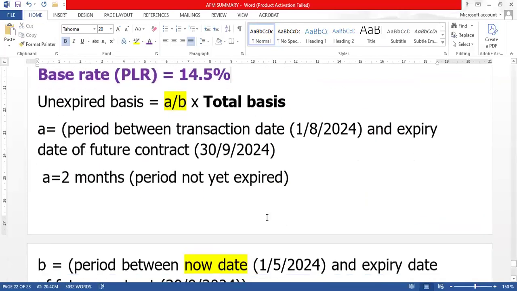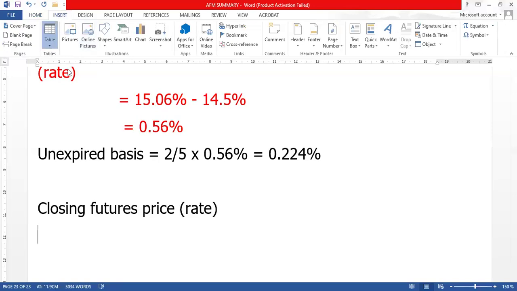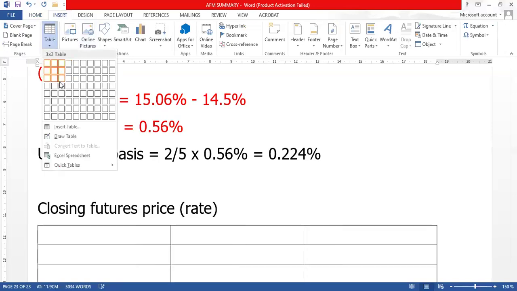So as you get the closing futures price or the closing futures rate, it means that you need to look at a scenario where the rate has increased by 2 or decreased by 2. There is a way you can have it in a table format, just to summarize.